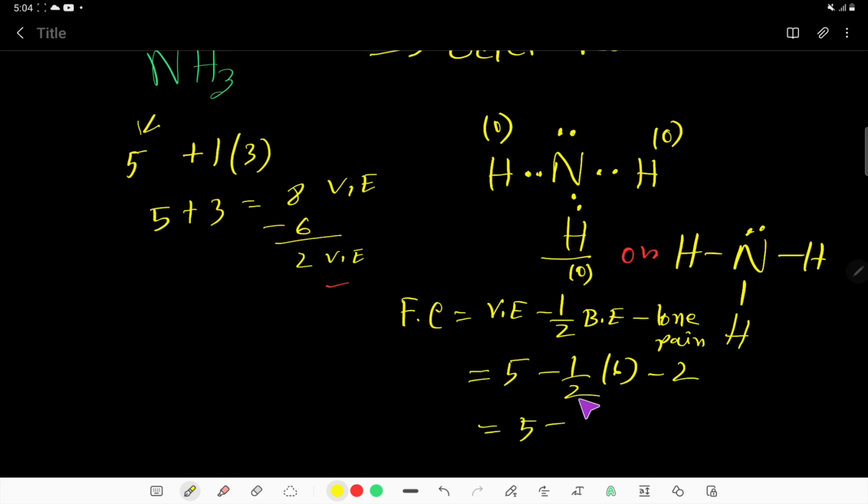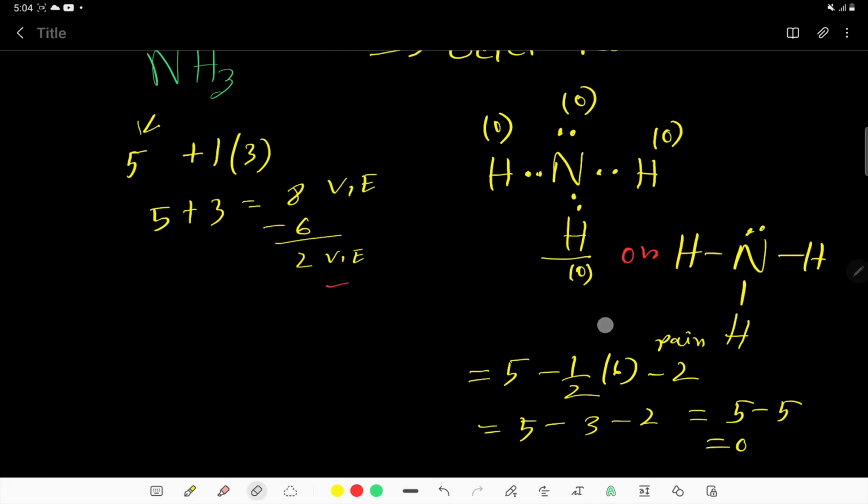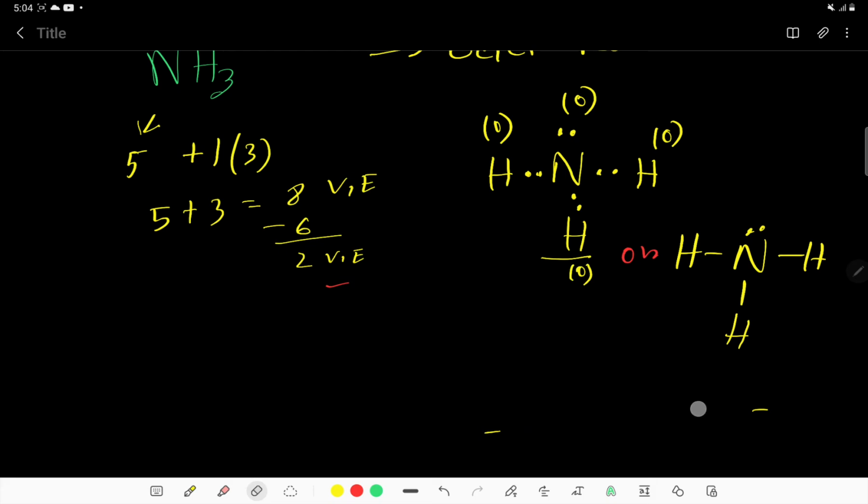So 5 minus 3 minus 2, that is 5 minus 5, 0. So the formal charge of nitrogen here is also 0. Overall, if you add all the charges, then the ammonia molecule will be a neutral molecule, right?